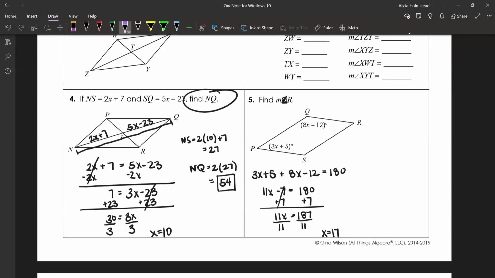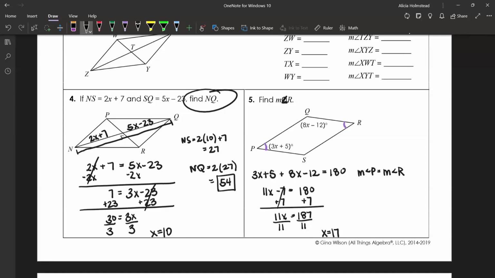And we know that angle P is going to be congruent to the angle directly across from it, which is angle R. Those have to be the same size. So if I can find angle P, then I will end up finding angle R. So the measure of angle P is going to be equal to the measure of angle R. That's the relationship that we just discovered.